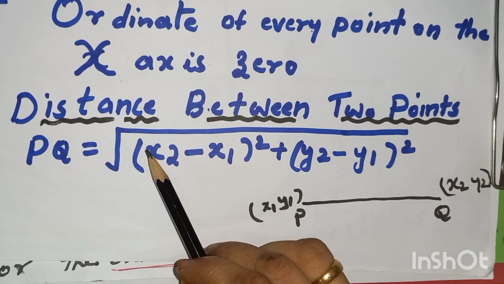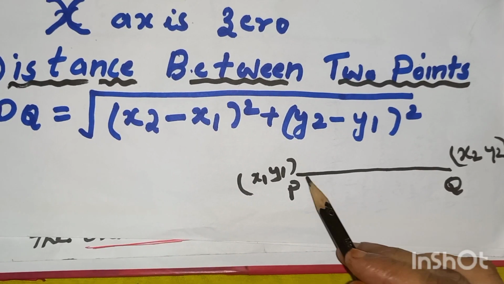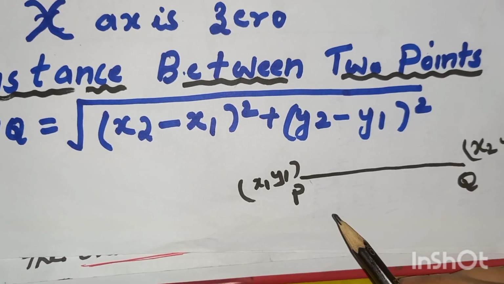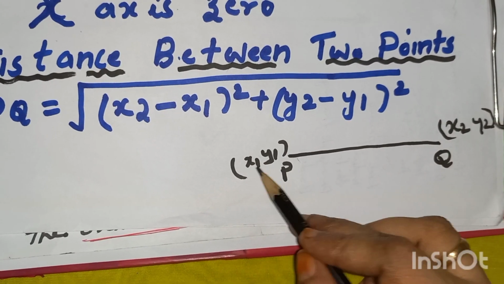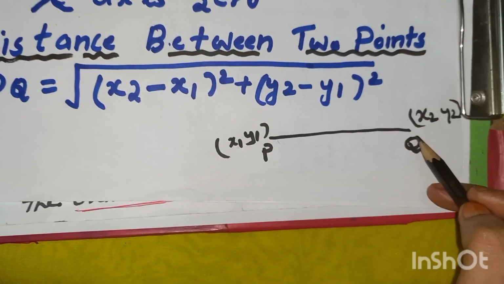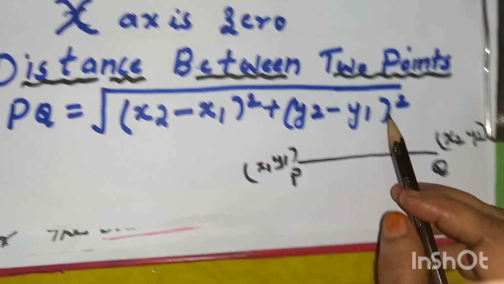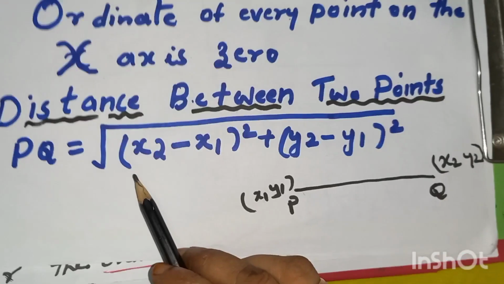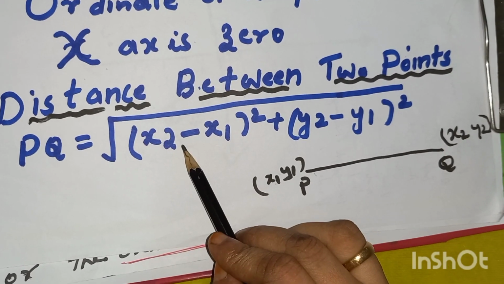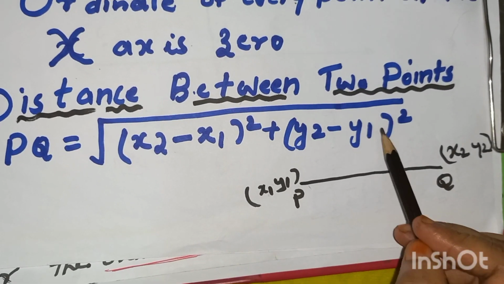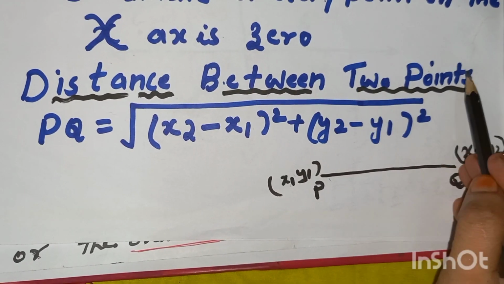Look at this figure, PQ. P is (x1, y1) and Q is (x2, y2). What is the distance from P to Q? PQ is equal to the root of (x2 minus x1) squared plus (y2 minus y1) squared.